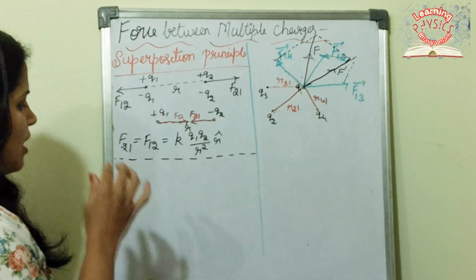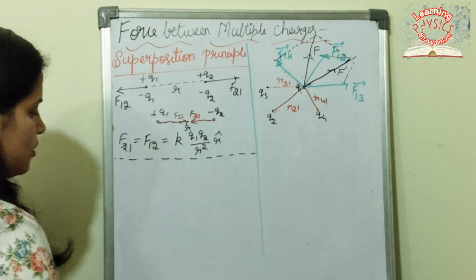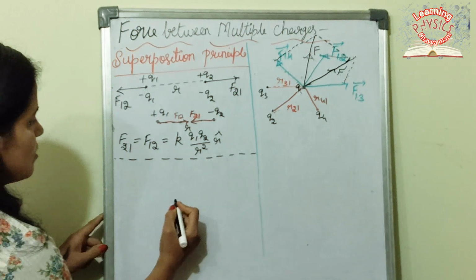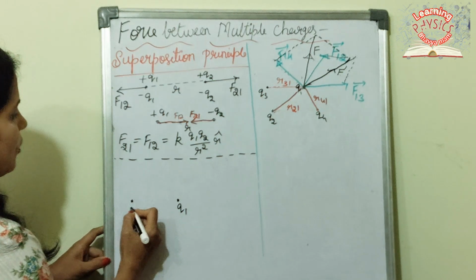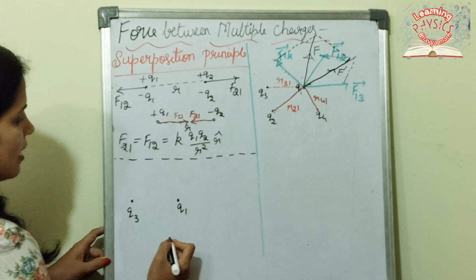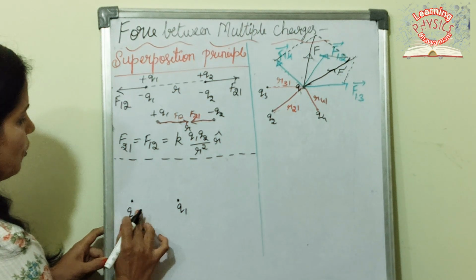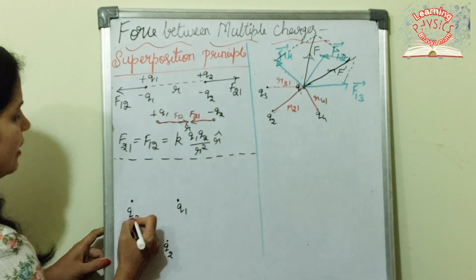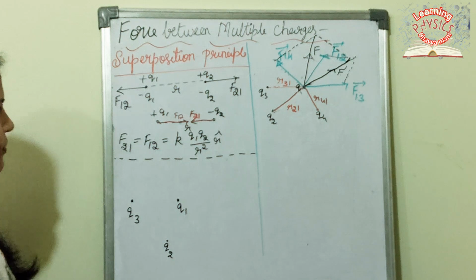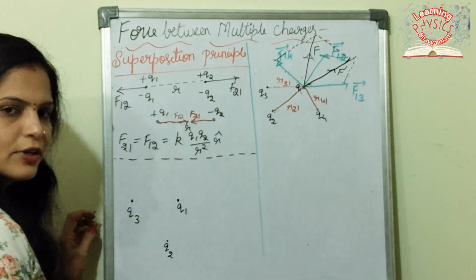Now I'll take only two more charges. Q1 I'll keep as it is. I'll take Q3 somewhere here, and let it be, sorry, Q2. Q2 or Q3, anything you can write Q2, and here I'll write Q3. Is this clear for you?